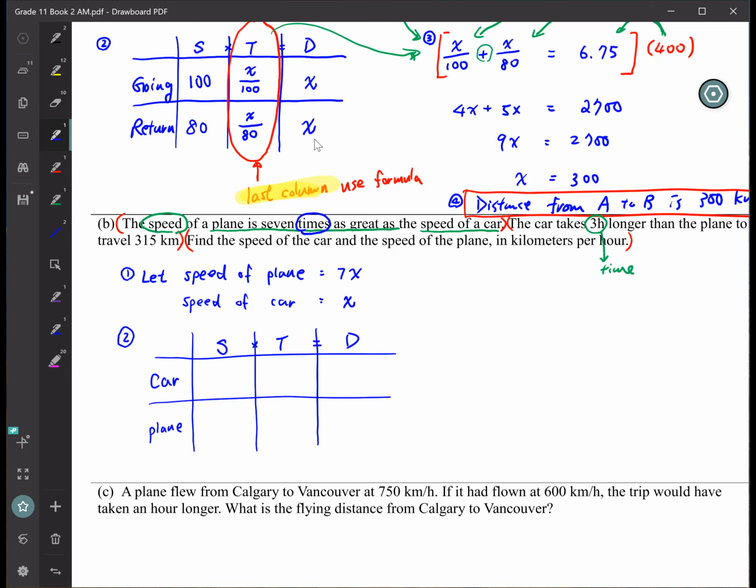So I'll let you try to fill in the table. There should be a last column you couldn't fill in, which you need to use a formula. There's always one last column you cannot get from the question, and to fill that in, you need a formula. Fill in as much as you can, and then you can raise your hand. We'll go over the table together.